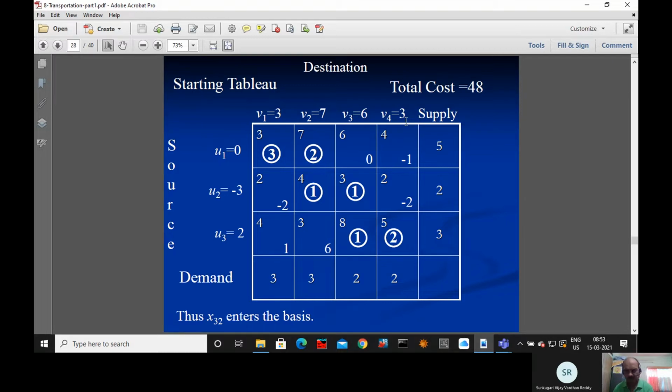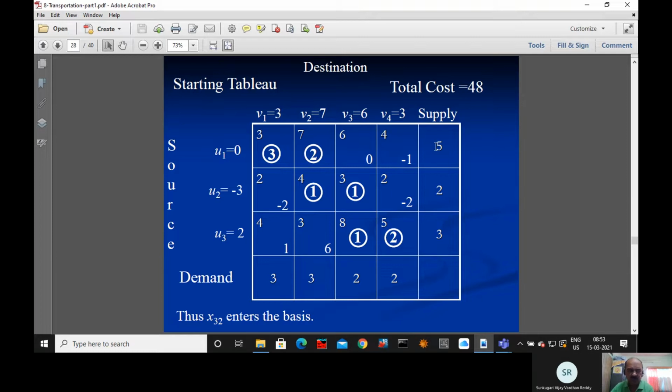We'll check for all. If you find Ui plus Vj minus Cij is less than or equal to 0, then it is optimal. If it is greater than 0, it is not optimal. With respect to the positive values, we will select the most positive value.